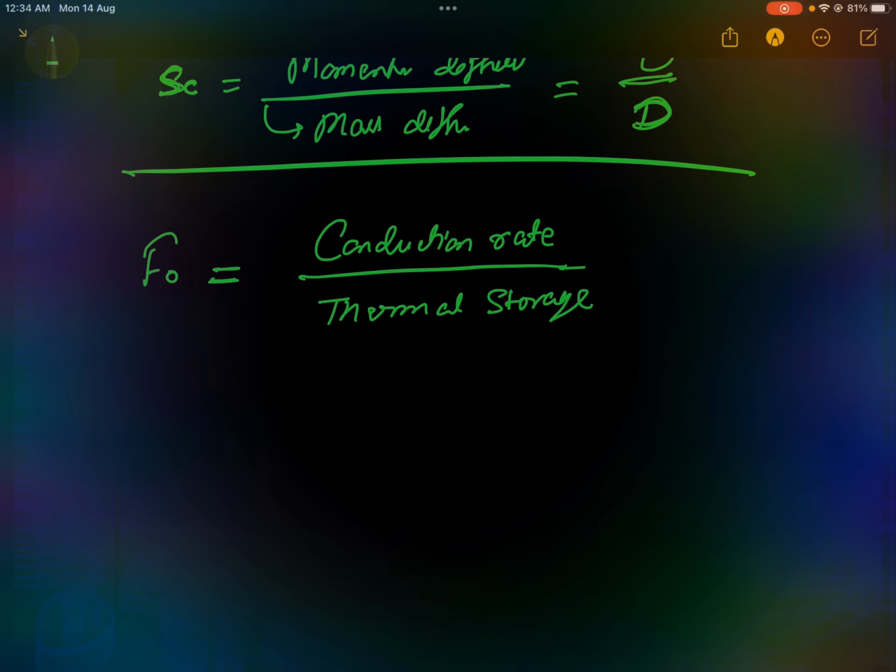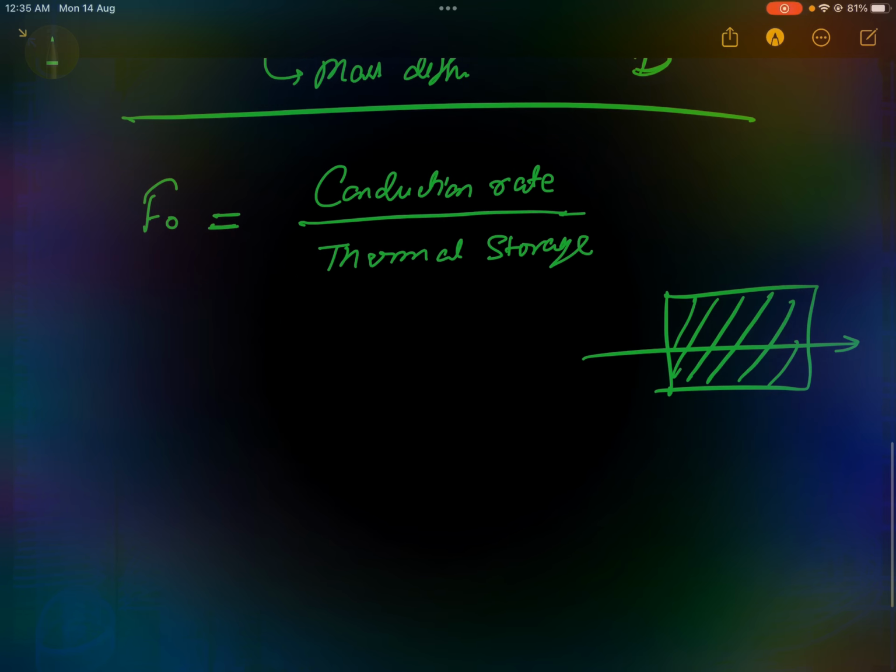So it actually compares how much conduction through a solid or any material is possible compared to the thermal storage within it. Or in other words, let's say we have an object or a material.